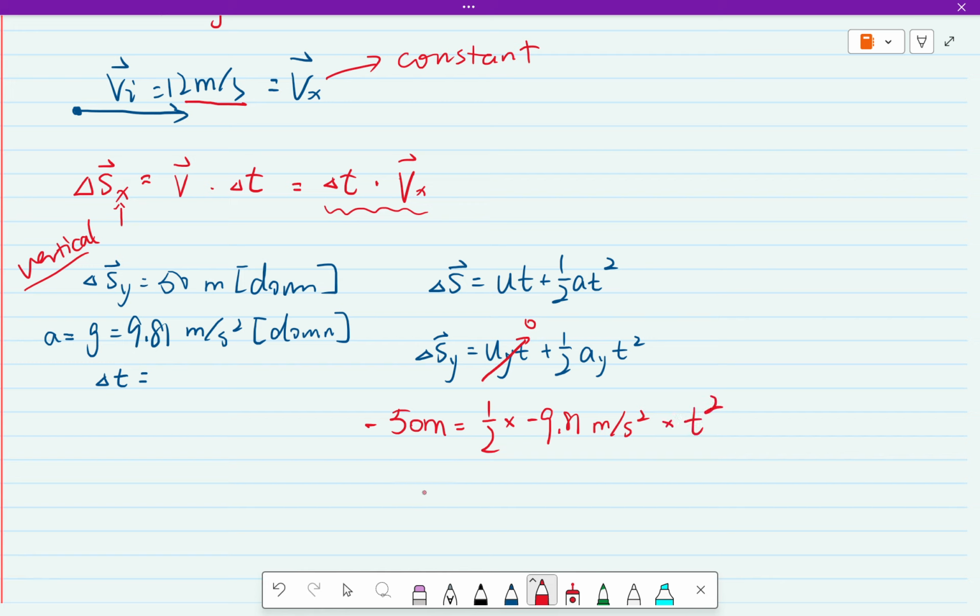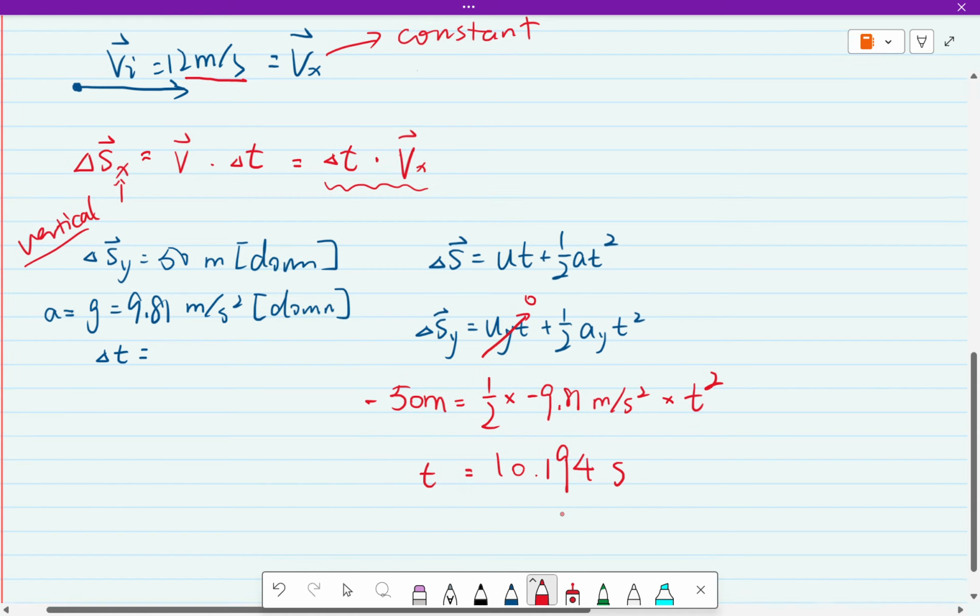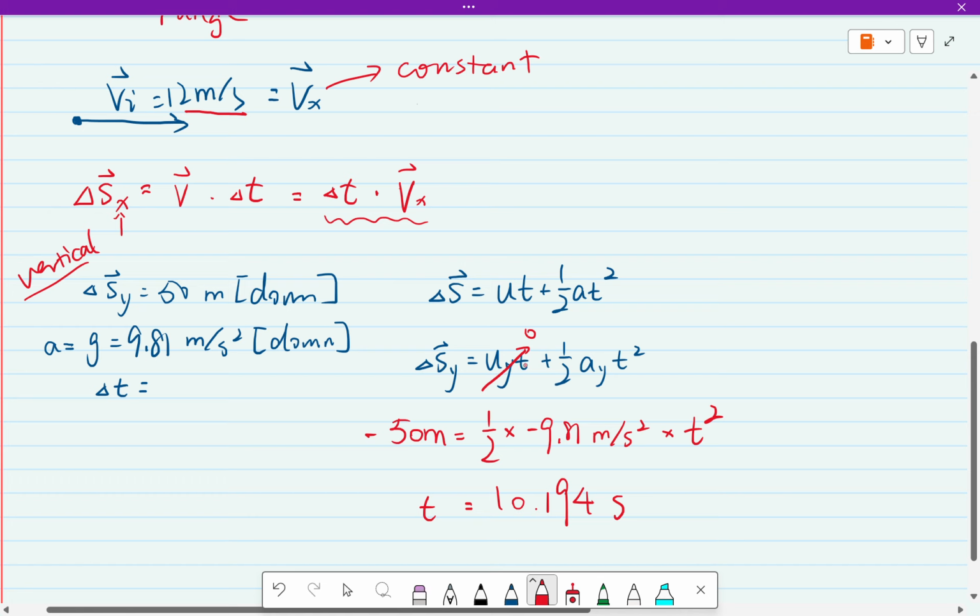After rearranging and calculating, we will get t equal to a magnitude of approximately 10.194 seconds.